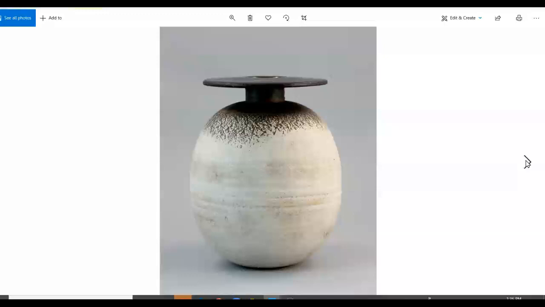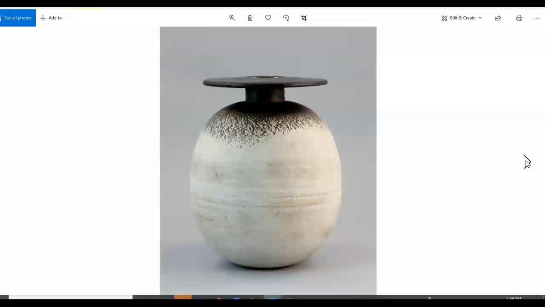Another way of creating emphasis is by having the elements of design create a visual economy. You're stripping away all the non-essentials to leave just the essence of your visual idea.